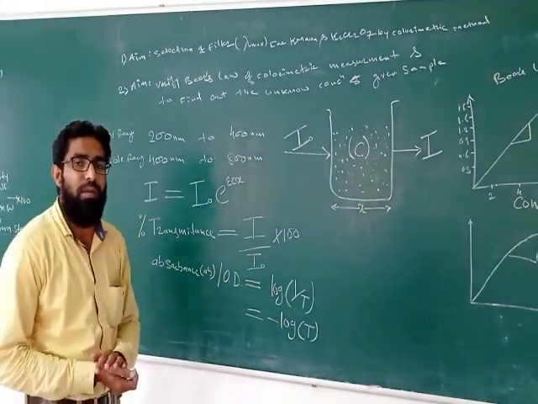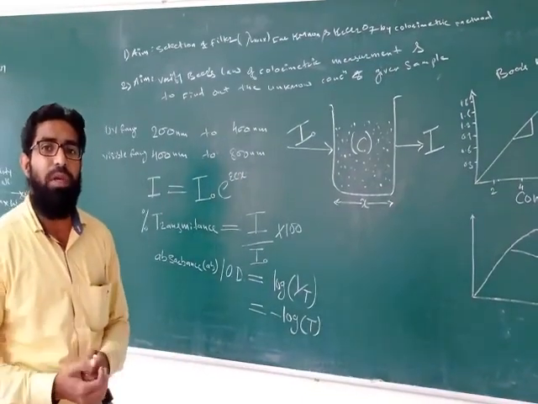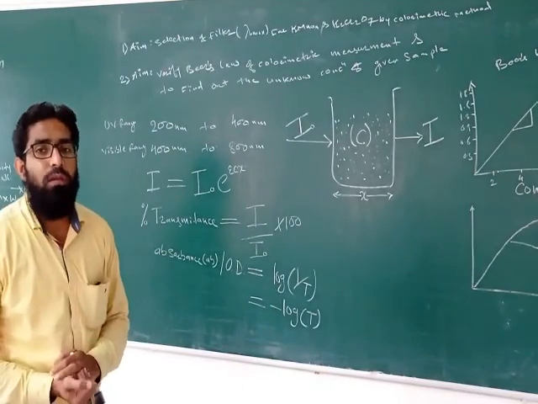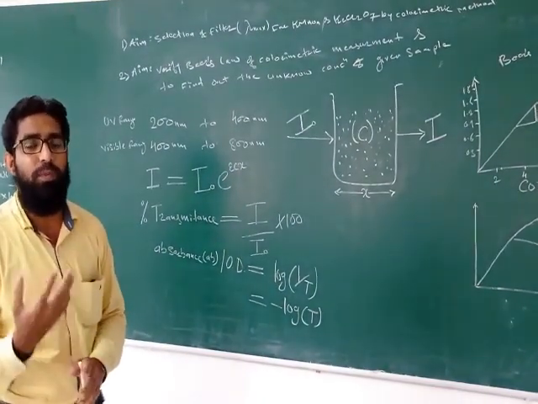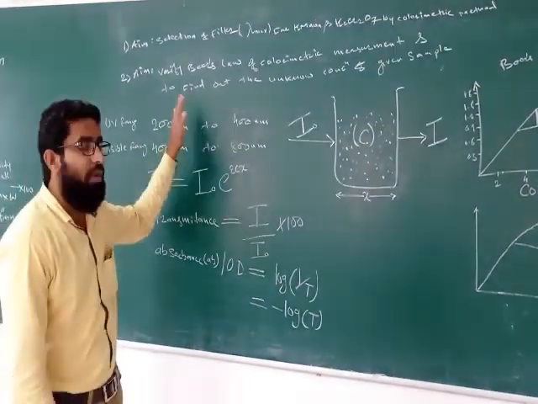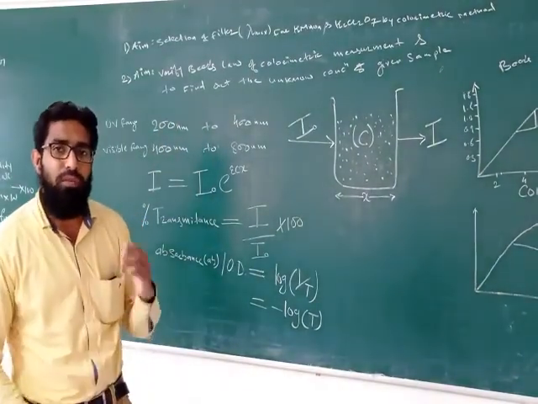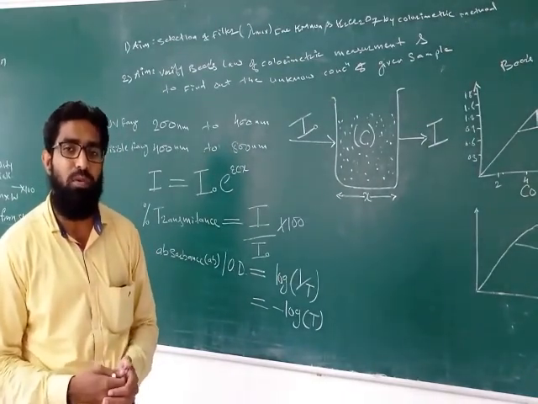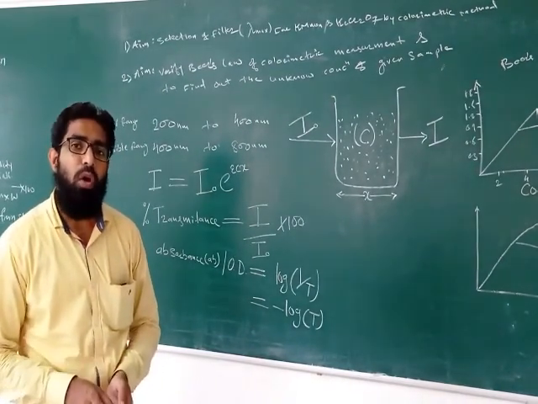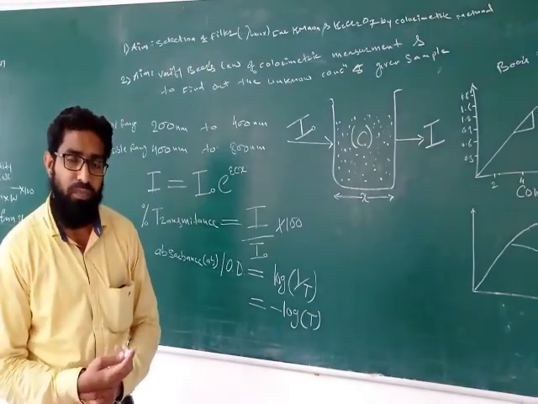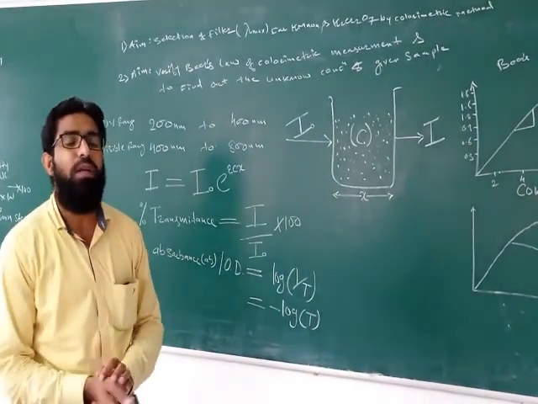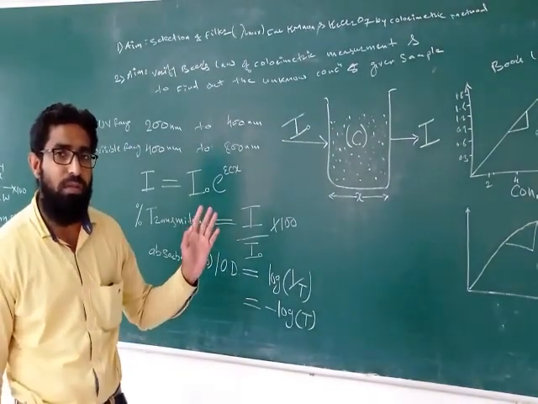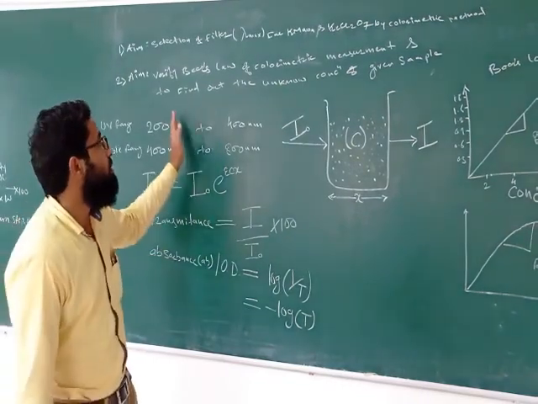In the second experiment we are going to verify Beer's law, since only a dilute solution can obey it. We will verify whether this 0.01 normal solution obeys Beer's law or not. Secondly, we are going to find the concentration of the unknown by using the same colorimetric method.